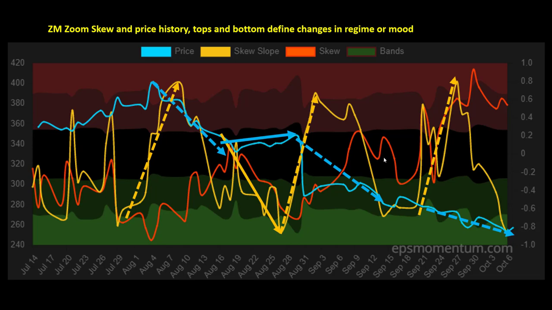Why? Because the skew in red is actually getting better and better, meaning going down, right? And then all of a sudden, the skew slope shoots up because the skew also shoots up, right? And you have a huge push into the red zone, really bearish, right? Look at the price. The price goes down and down and down and down, right?